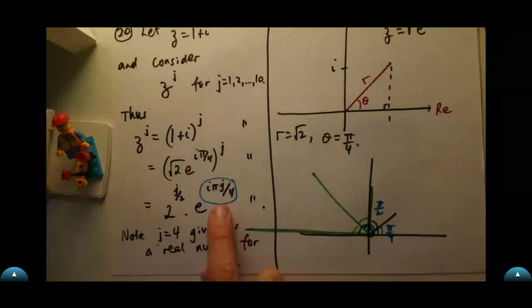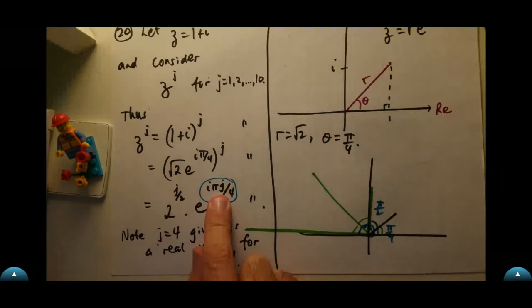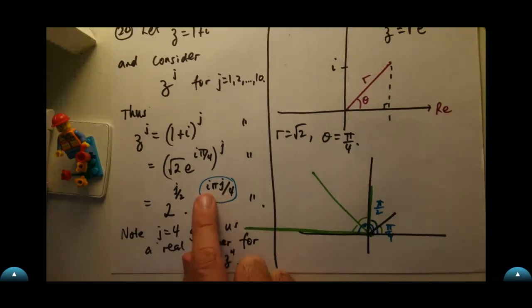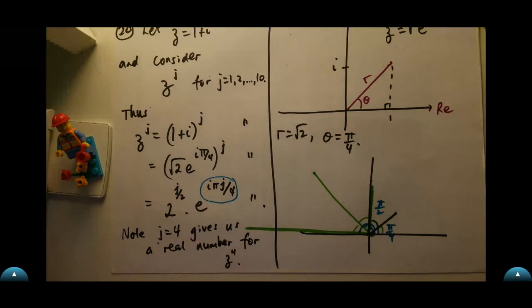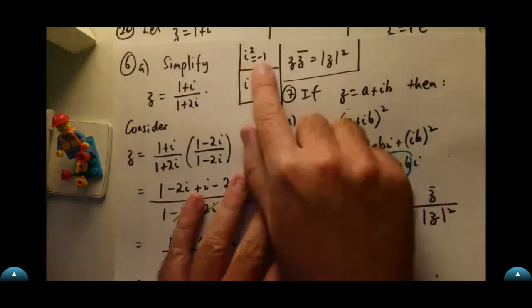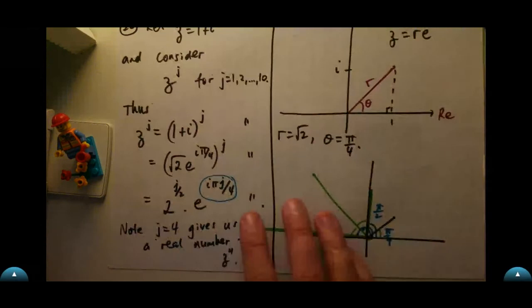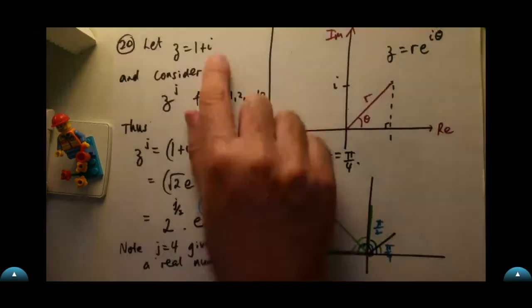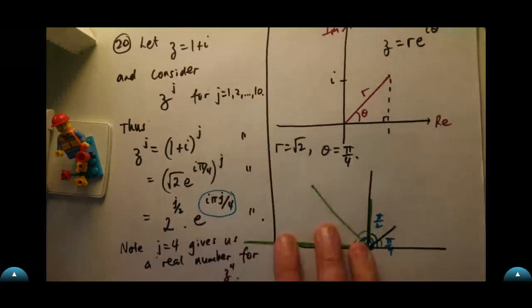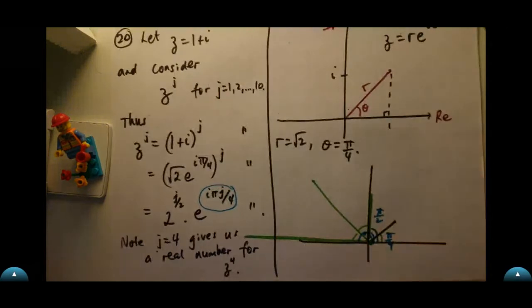So that makes sense, because in engineering, j plays the role of i, right? So if you're studying engineering, some of your lecturers will say j squared equals -1, but not in maths. In maths we use i. So it's very confusing if you're doing engineering, because you have to switch between the two.